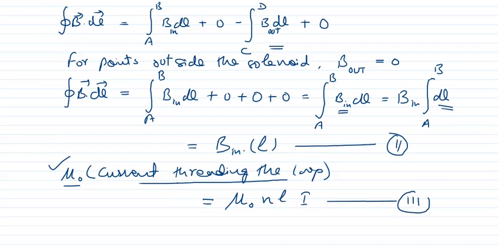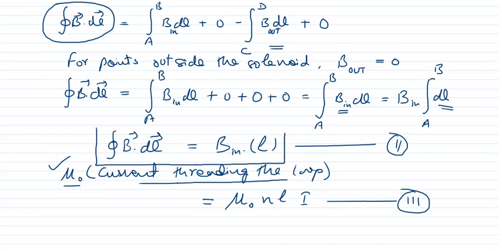Now we can see that the left hand side of Ampere's law, that is B dot dl, is equal to B in into L, and this is our right hand side.